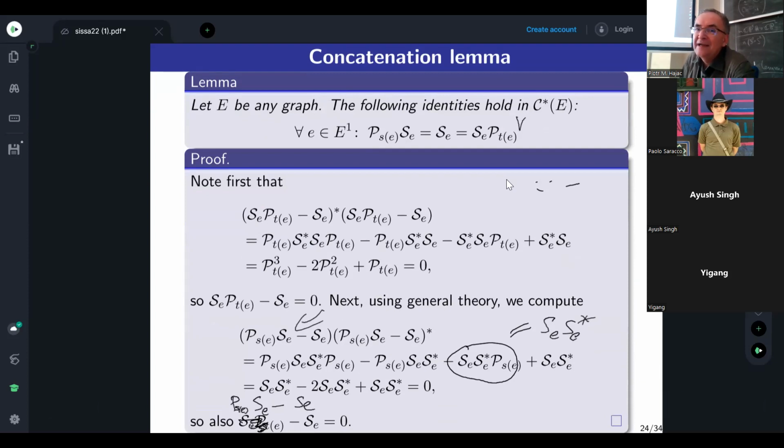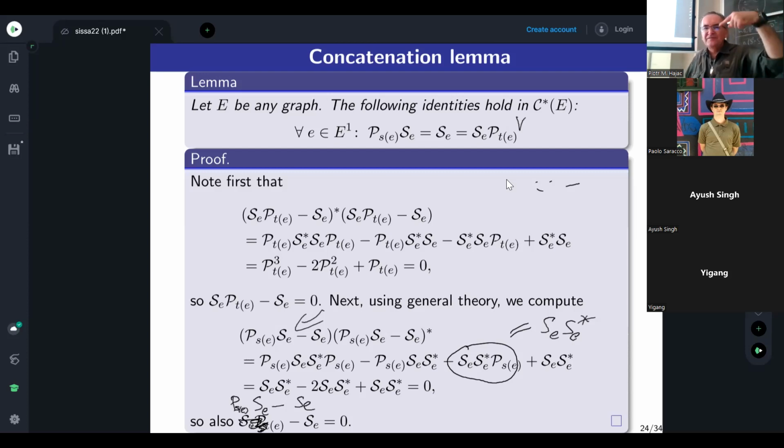Whenever you are rho finite, I already argued for it. When you are rho finite and you don't have an infinite emitter, you have SE star as a subprojection of PSE always, because of the second Cuntz-Krieger relation, which is assumed. So that's what we already discussed.